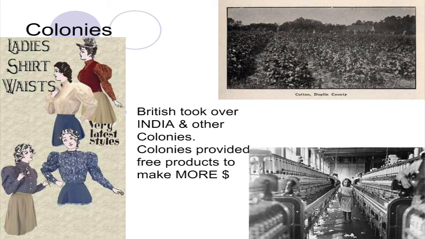You might laugh at the way the dresses looked, but those were super expensive and made to be really quality clothing. On the top right, you can see cotton. Another product that we talked about in class was tea. Tea was another product that was taken from India and brought in and sold around everywhere. Lipton tea is one particular example.